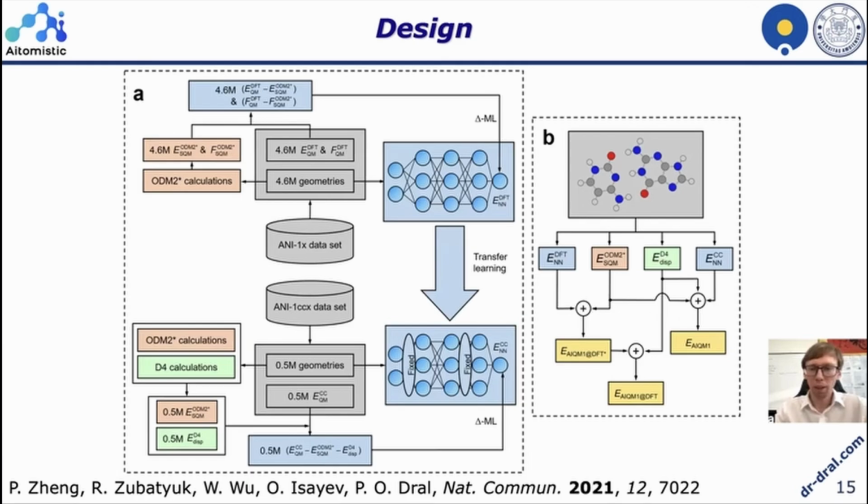It is based on delta learning, where we first train a delta learning model on DFT data, which is more abundant. Back then, it was quite big data, almost 5 million. Nowadays, of course, it's not so big with new data sets. And we then transfer learn this correction on only 500,000 data points to coupled cluster accuracy.